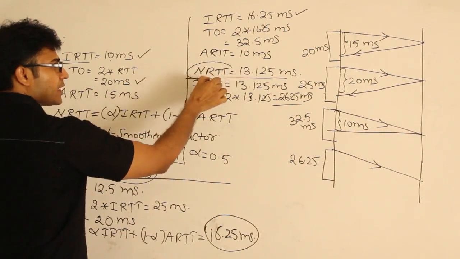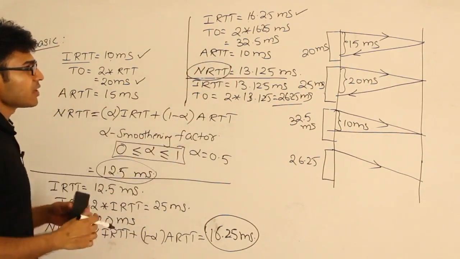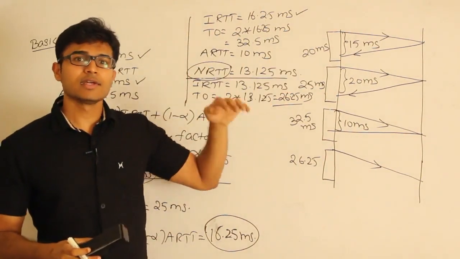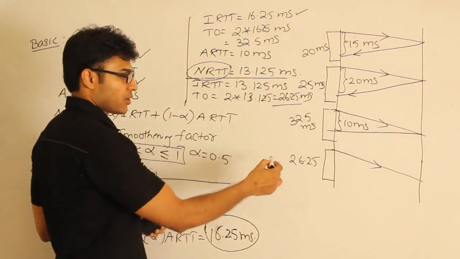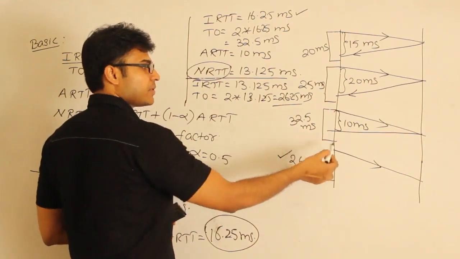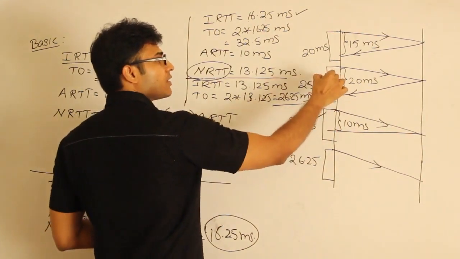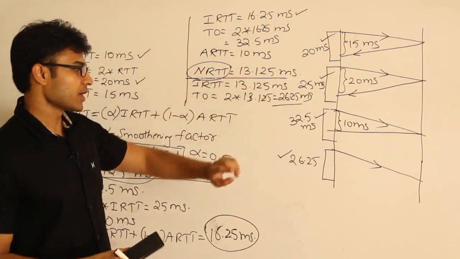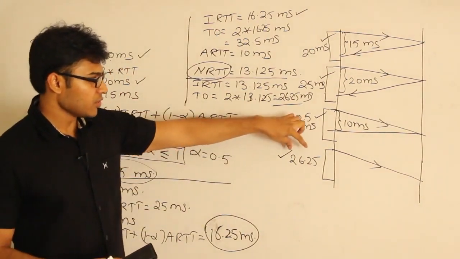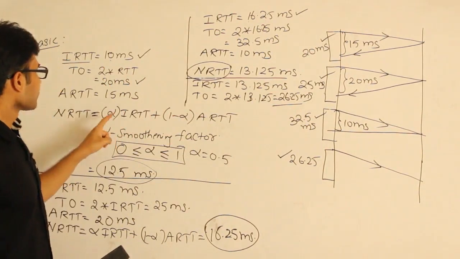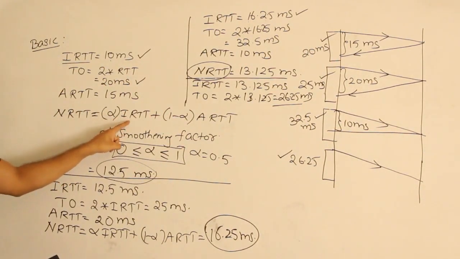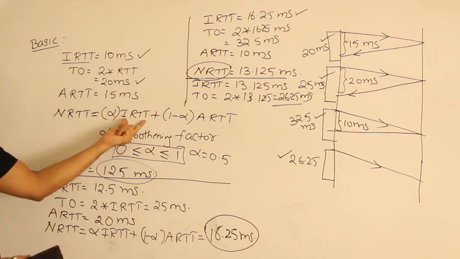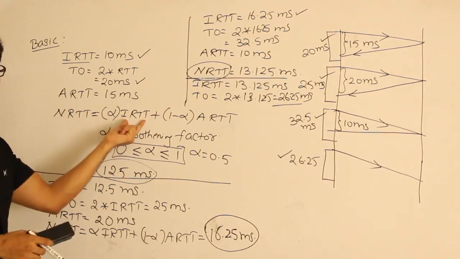And one more thing is, for this entire algorithm, for example at this point when I am computing the NRTT, it is not based just on the previous packet's ARTT. The ARTT is a history, which means when I am talking about this timeout, I am taking into consideration this one as well as this one. All of them will come into consideration. The reason is when you use the formula NRTT equal to alpha into IRTT plus 1 minus alpha into ARTT, this IRTT has been derived from the previous NRTT.